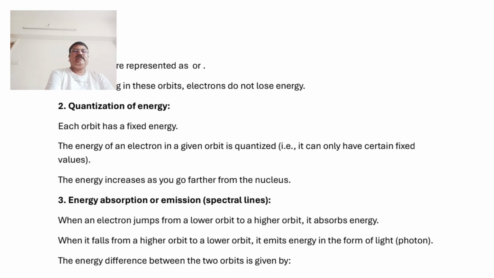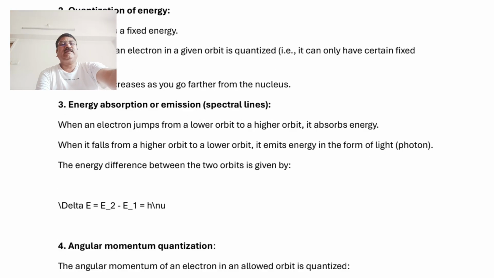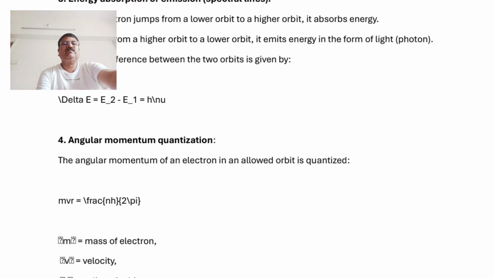Energy absorption and emission, that is the spectral lines creation. Whenever the electrons move from a lower energy level to a higher energy level, absorption takes place, and whenever it jumps from a higher energy level to a lower energy level, emission of energy takes place. The fourth postulate is the angular momentum quantization.